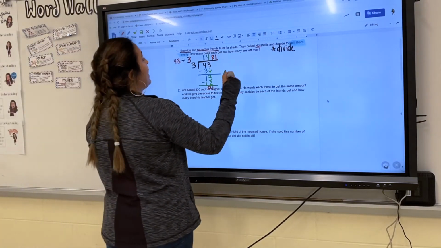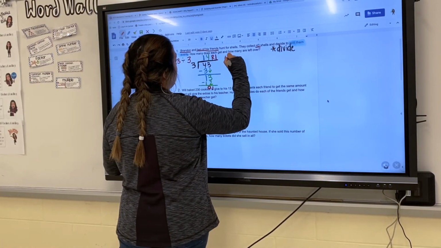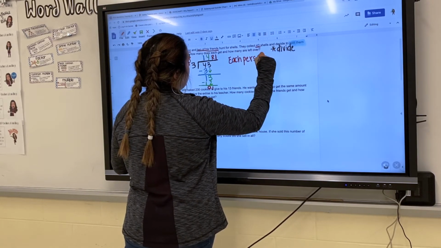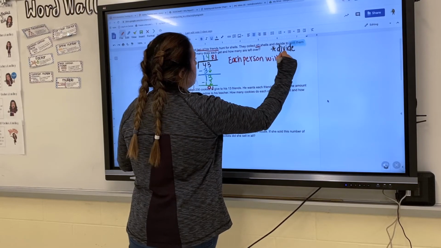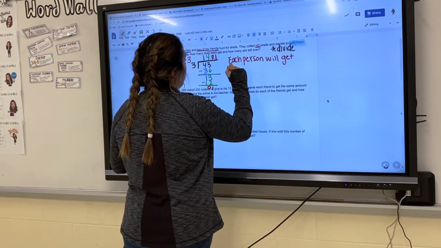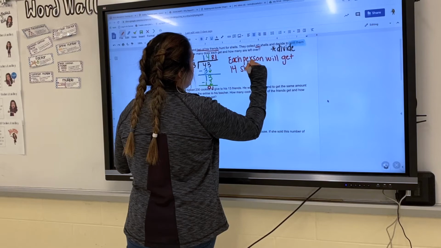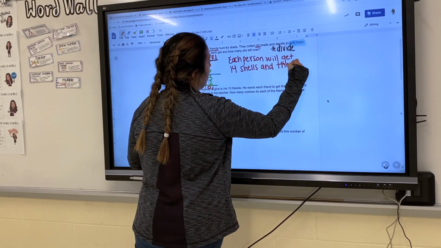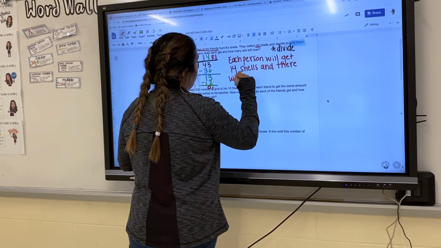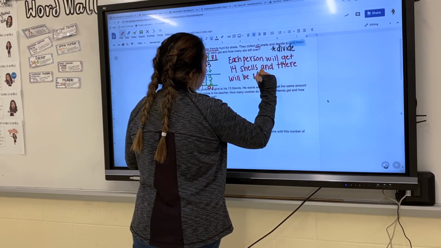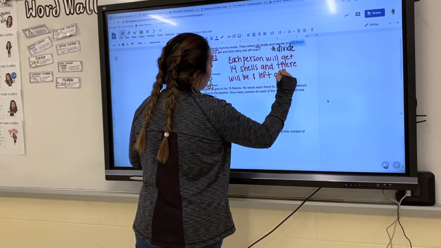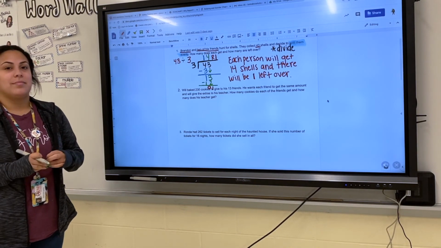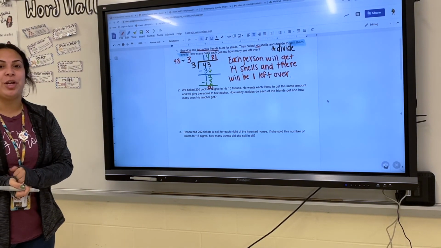So my sentence can say, each person will get 14 shells, and there will be 1 left over. And that is our answer for number 1.